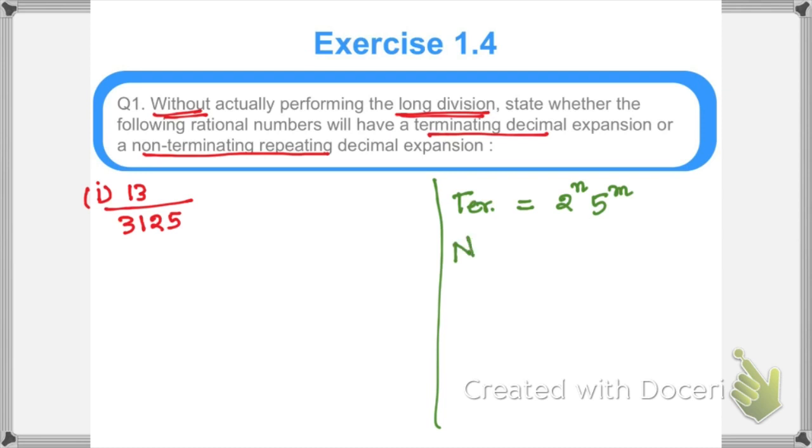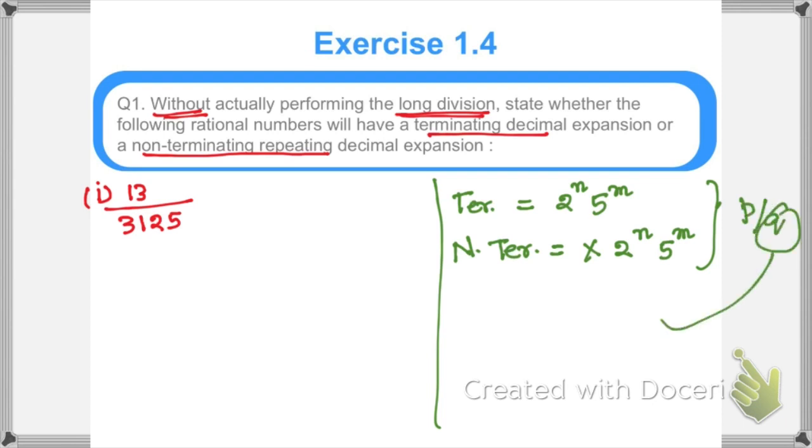And for non-terminating decimal expansion, if we represent it in the form of fractions, it should not be of the form of 2 to the power n and 5 to the power m. So if the fraction is of the form p by q, these conditions are for q. Okay, so we will check it out.